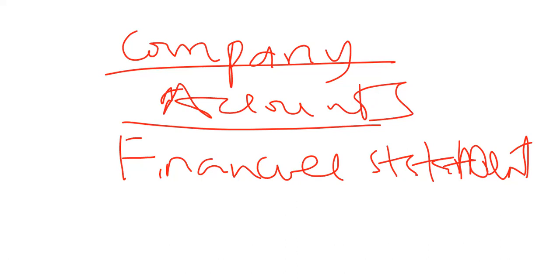From what I taught you before, we agreed that in the balance sheet, whether you are using the T form or the vertical method, there will be authorized capital.